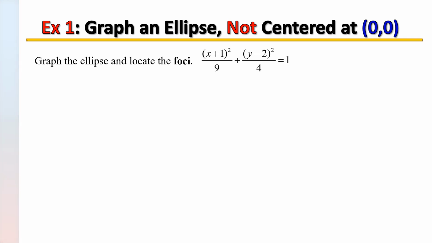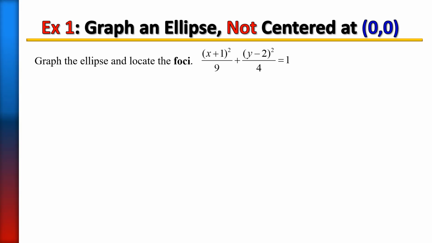In this example, we're asked to graph the ellipse and locate the foci of the given equation of (x + 1) squared over 9 plus (y - 2) squared over 4 equals 1.